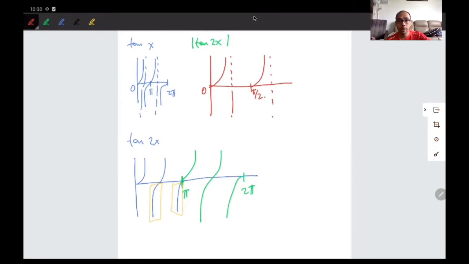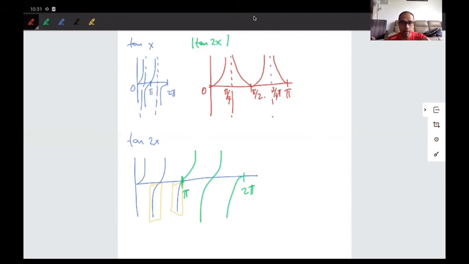Since it is modulus, we have to bring this blue color up, so it will look like this. This one also will look the same way. So here will be pi. Therefore, the asymptotes are pi over 4, and 3 over 4 pi. So 1 over 4, 1 over 2, 3 over 4, and pi.